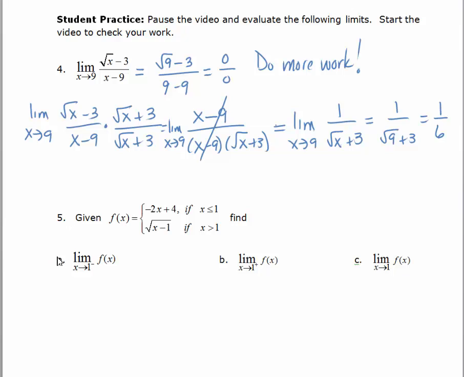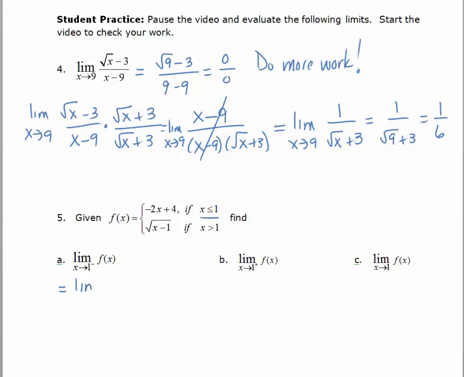Let's evaluate the limit from example 5 using the piecewise function. So 5a, we've got the limit as x approaches 1 from the left of f of x. So if we're approaching from the left, we're going to look at the expression corresponding to values that are less than 1, which would be the negative 2x plus 4.